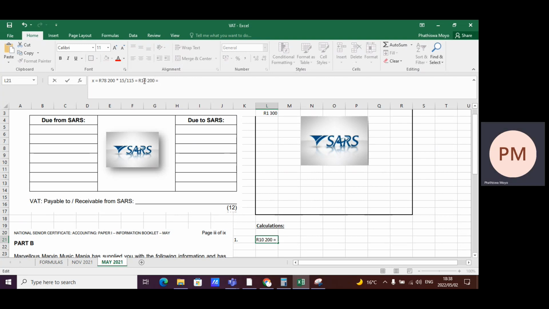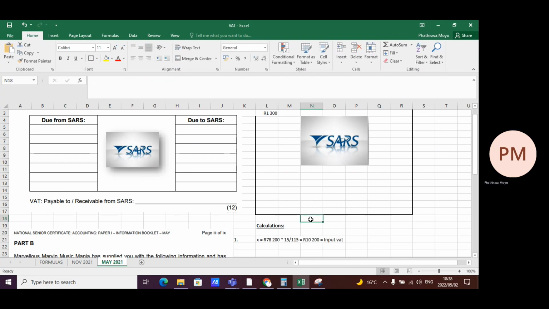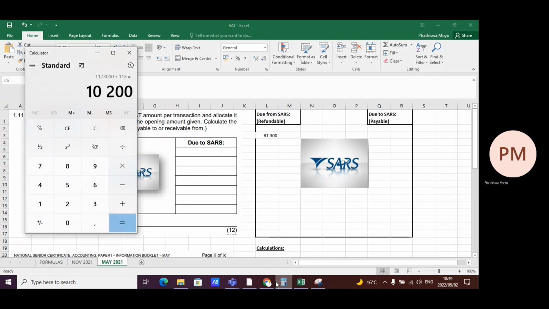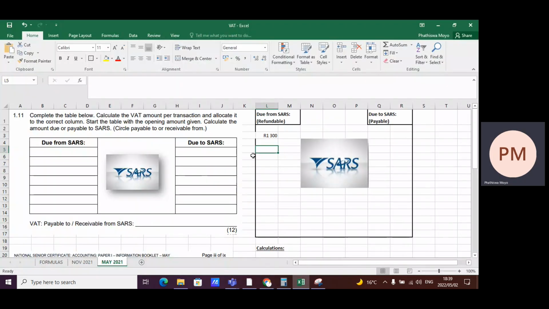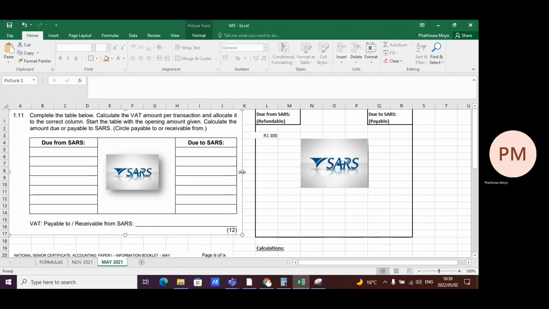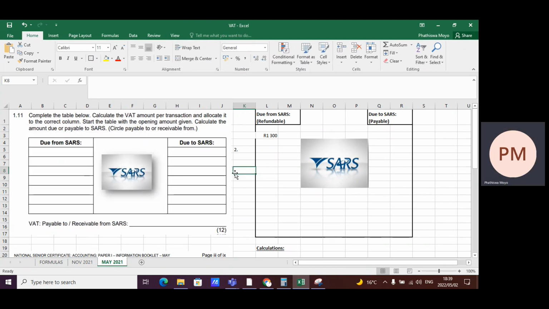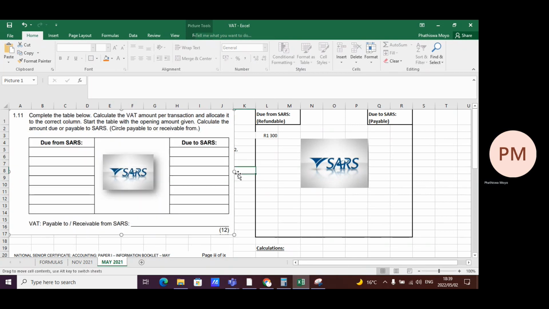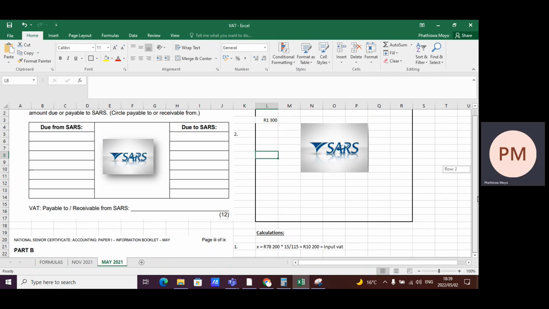And it's purchases, so that is input VAT. That is VAT refundable. So it's going to come here. 10,200.